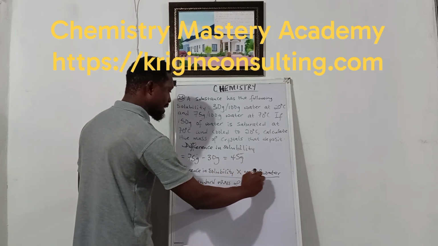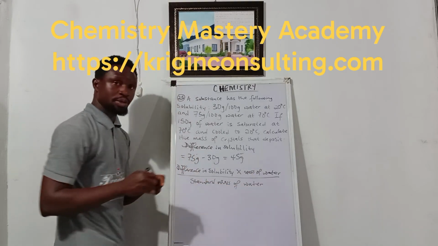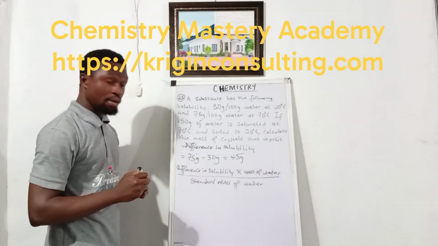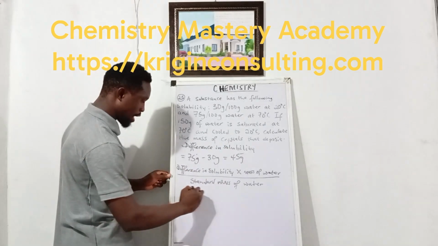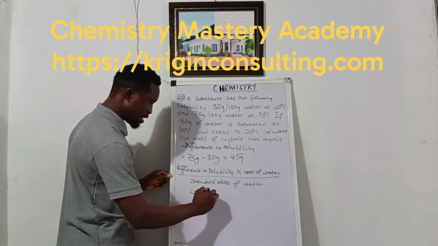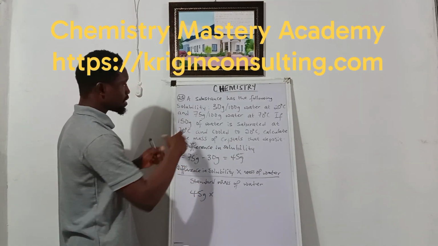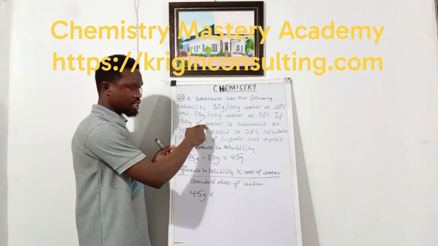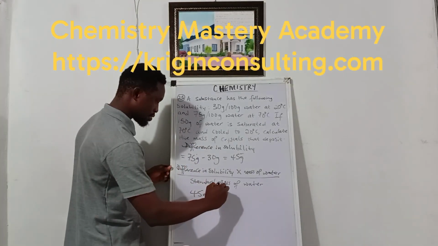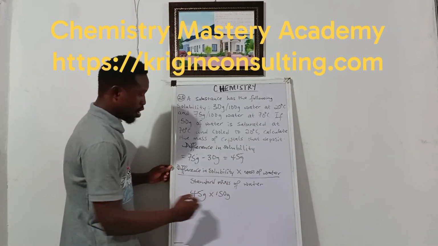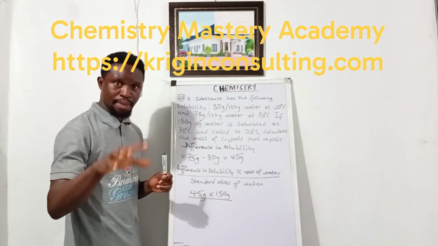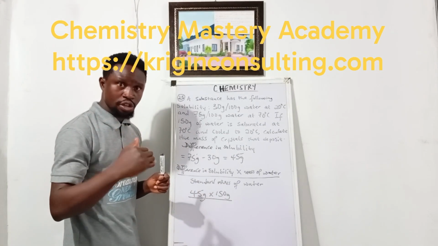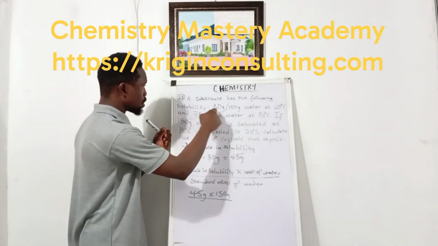That is the standard mass in which the substance will dissolve, and that one is 100. So difference in solubility, we've gotten to be what? 45 gram times the mass of water that is saturated, 150 gram, all over the standard mass of water, that is the mass of the water that the substance will usually dissolve in. They said is what?